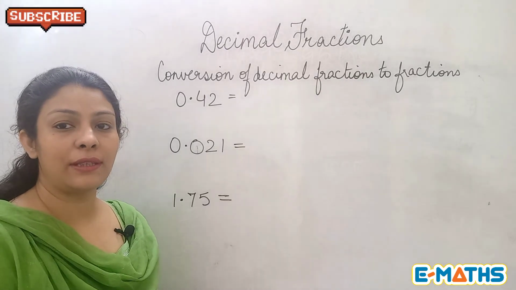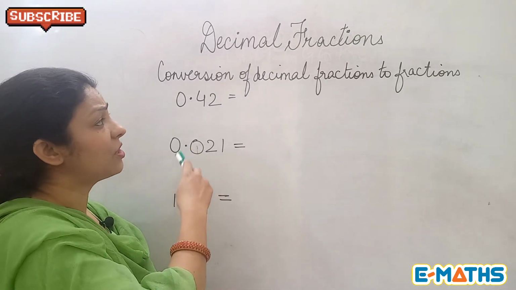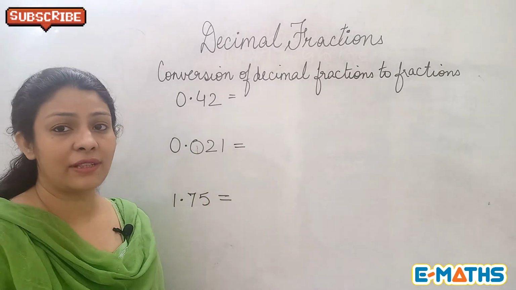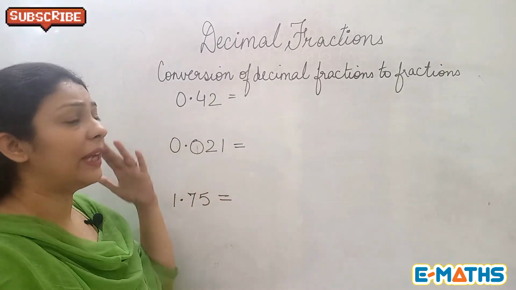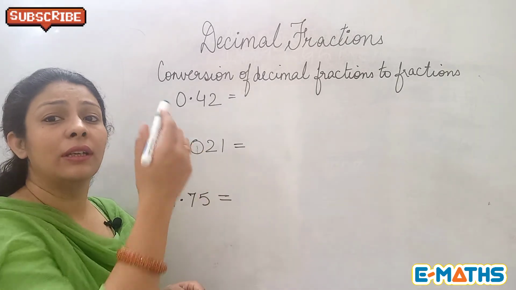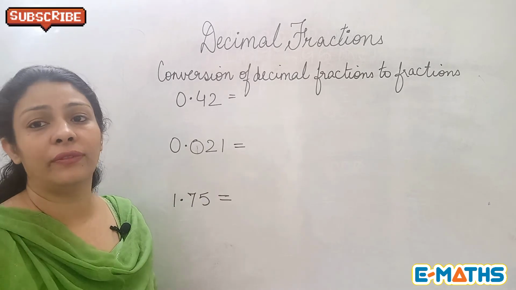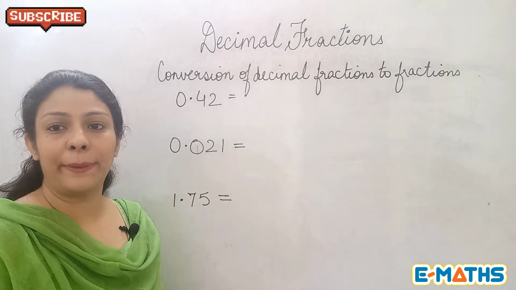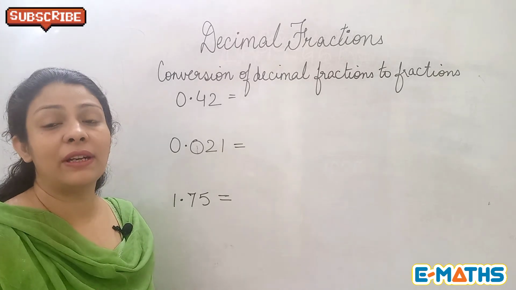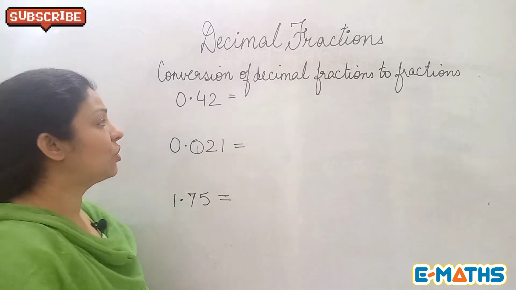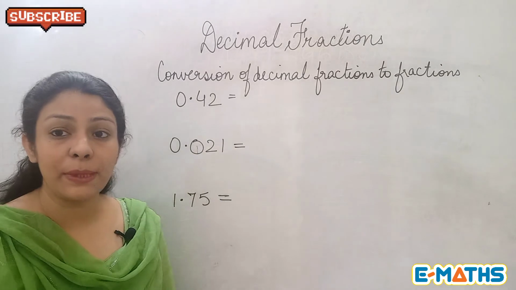Now the next topic that I have written is conversion of decimal fractions to fractions, and for that I have again written certain numbers. Now let's see how we can convert any decimal number into a fraction. That also depends on the decimal part. Whatever the decimal part is will decide our denominator. So here we have 2 decimal places.